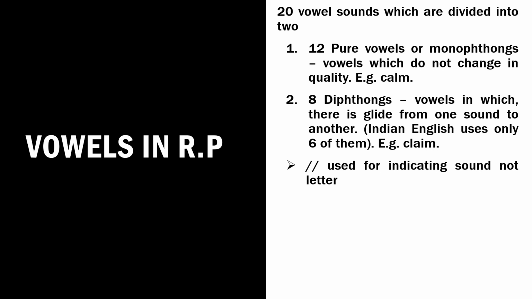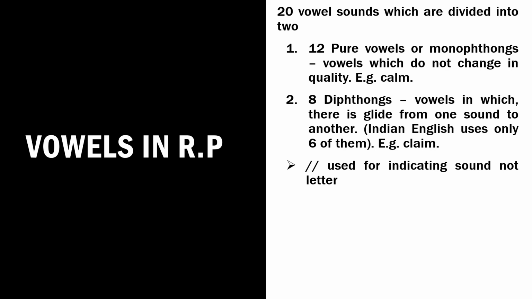But as an example, you can look at the word claim. There is a vowel sound after L and before M. There is a small change from A to E, and when we join this A, E, it becomes claim. So these are diphthongs. There is a change from one sound to another sound.